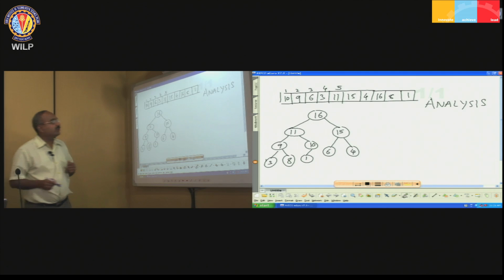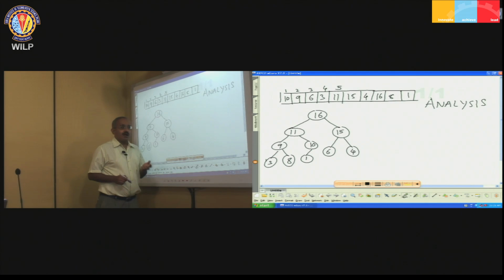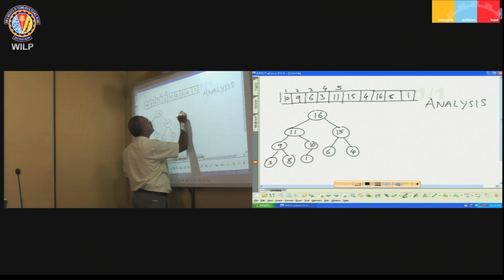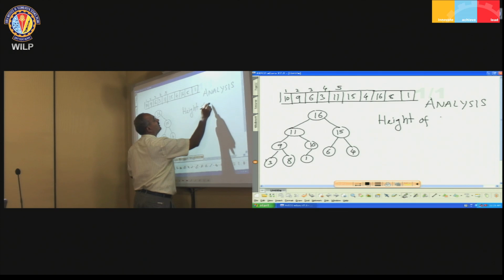So, what we are going to do is try to look at the height of a complete binary tree.